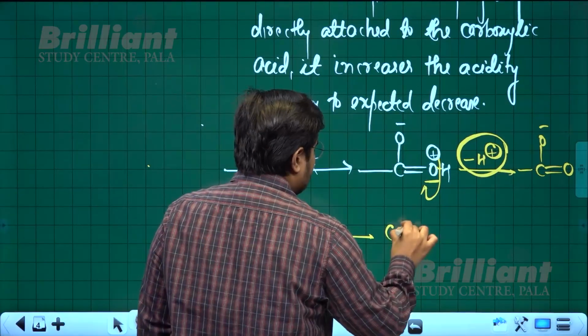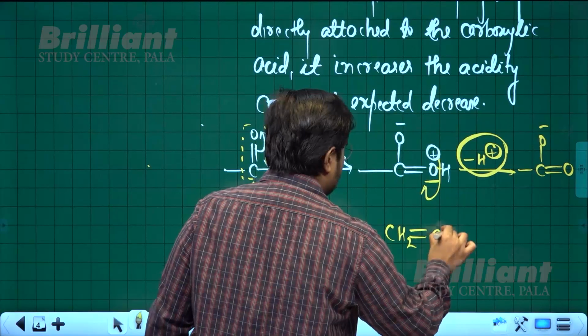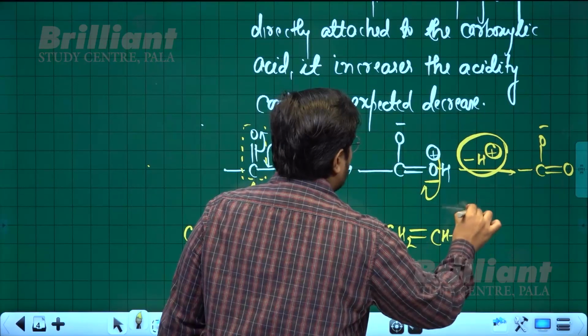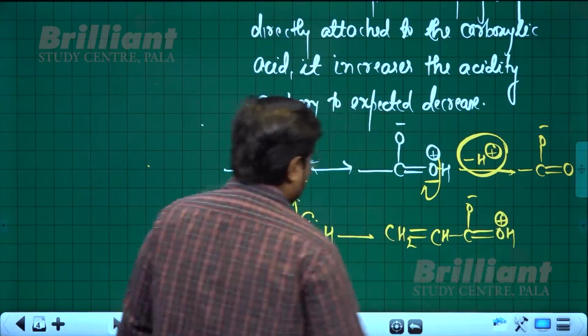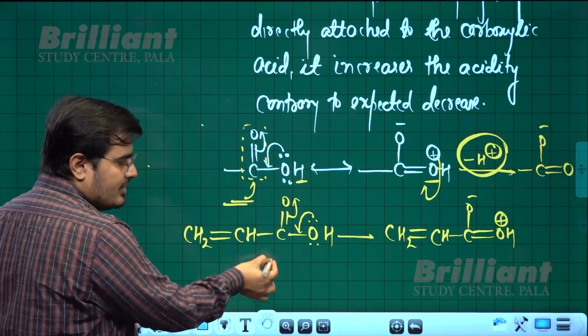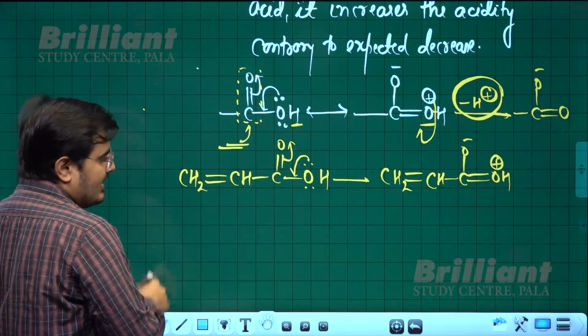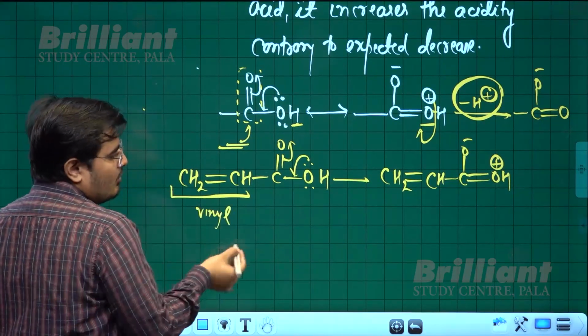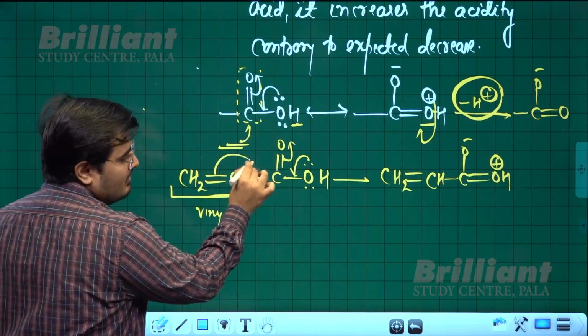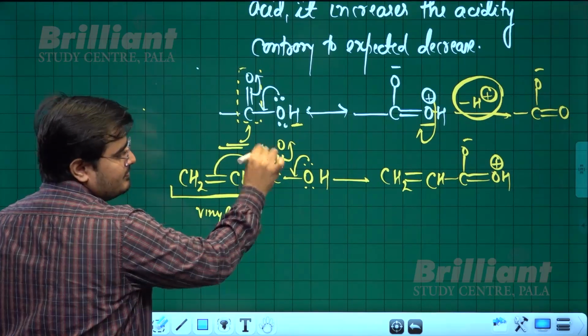So I know CH2=CH-CO⁻=O⁺H. But if you observe carefully, when you are attaching a vinyl group directly to the carboxylic group, there is a resonance possible from this side also.